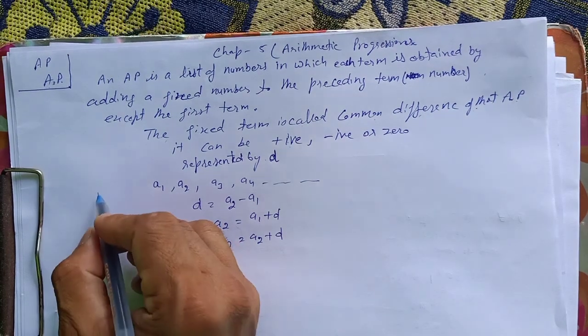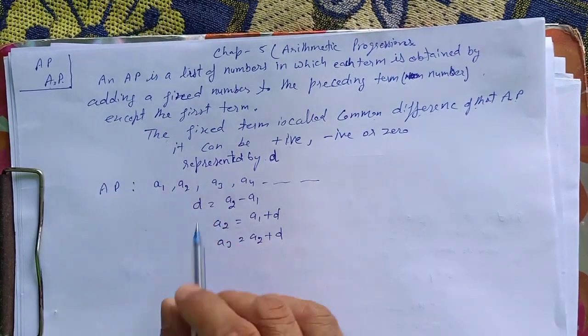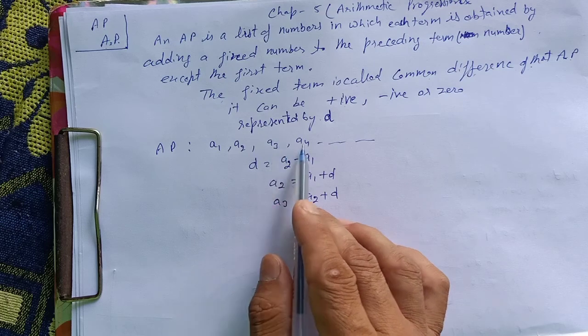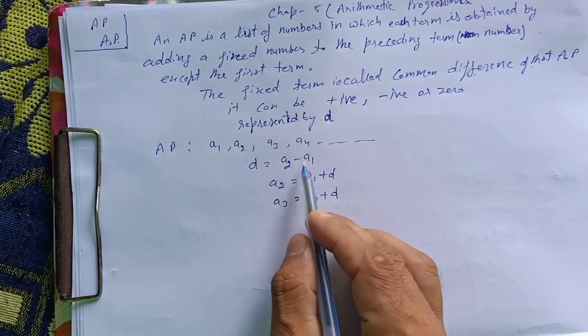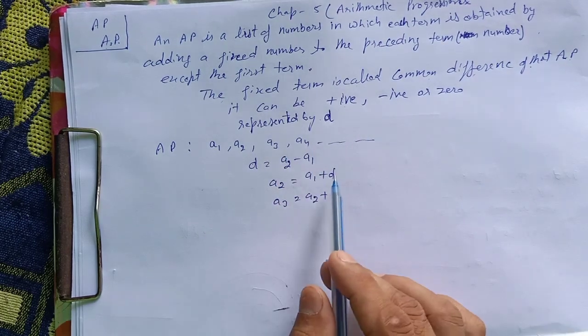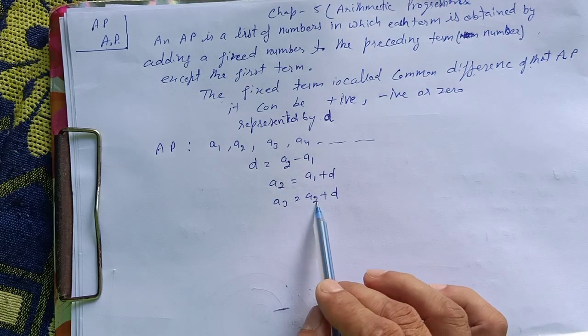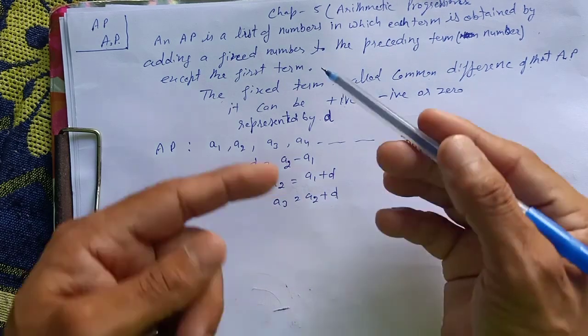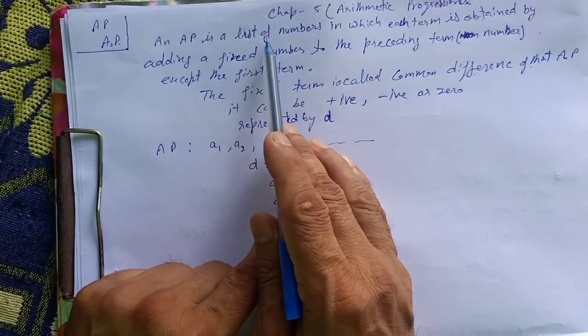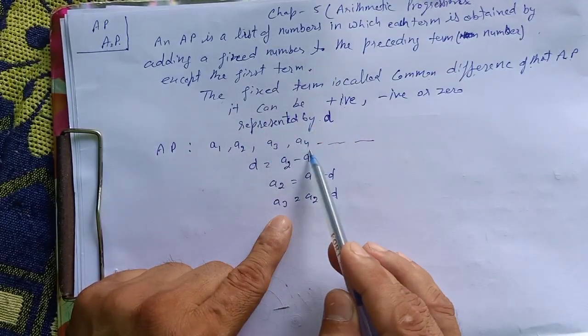So if we take an AP, A1, A2, A3, A4 and so on, D is A2 minus A1, and A2 is A1 plus D, A3 is A2 plus D. So if we go to the definition, it is a list of numbers.